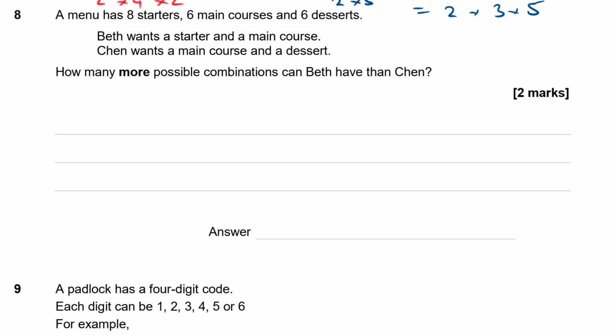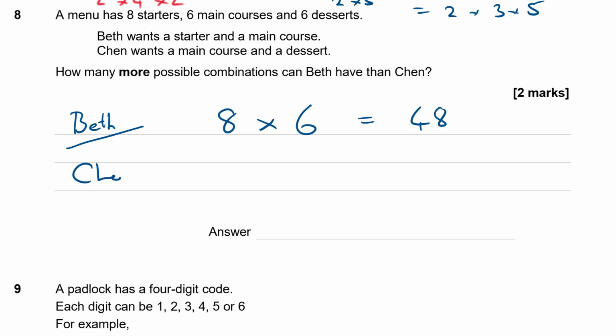Okay, so for Beth, the number of combinations of her meals, she can have any of the 8 starters, and she can have any of the 6 main courses. So she's got 8 times 6 possibilities. 8 sixes are 48.